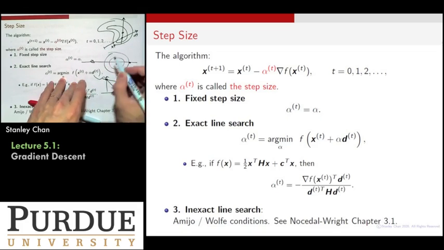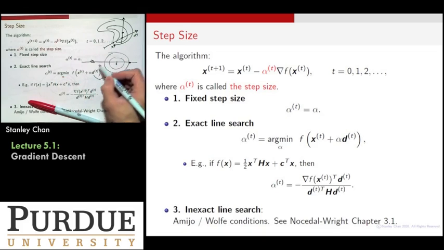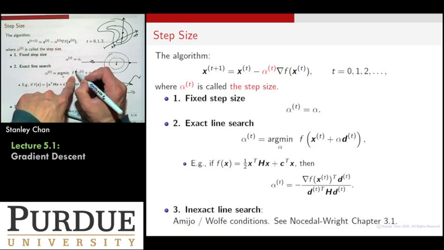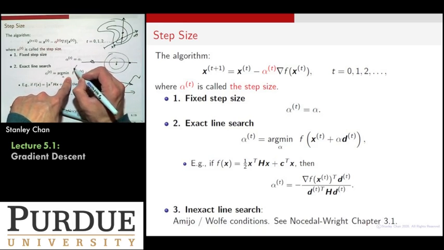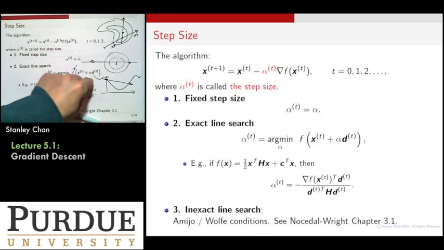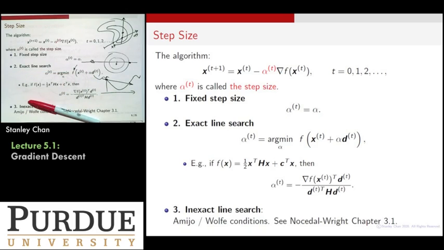I want to pick an alpha such that along this contour, my objective value will be minimized. So this contour is the objective value defined by this f. So you cannot go arbitrary. This f cannot be arbitrary. This f has to be the objective function that you try to minimize. And therefore, you want to find an alpha that can minimize this term.